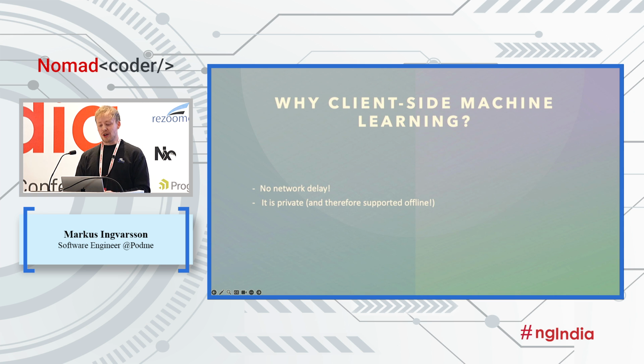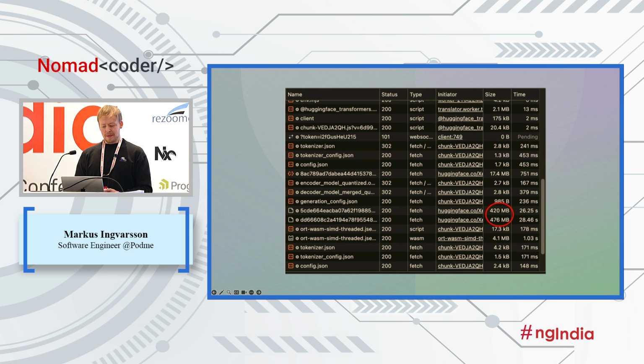Another key advantage of client-side machine learning is that it's inherently private, and it can actually even function entirely offline. But what does it actually mean when we say private, when we talk about machine learning on your device? Well, it basically means that rather than sending images or text or other pieces of information to a remote server in the cloud, we pull down the entire machine learning model to our device.